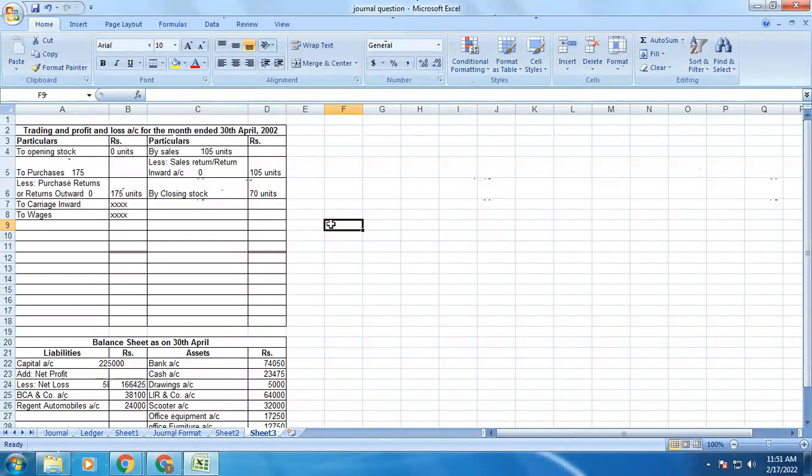Carriage inward means the amount of money you spend for bringing the product into the business. जो भी ट्रांसपोर्टेशन चार्जेस, जो भी कुलीएज आपने पे किया होगा to bring the product from the supplier to your place of business is known as carriage inward.